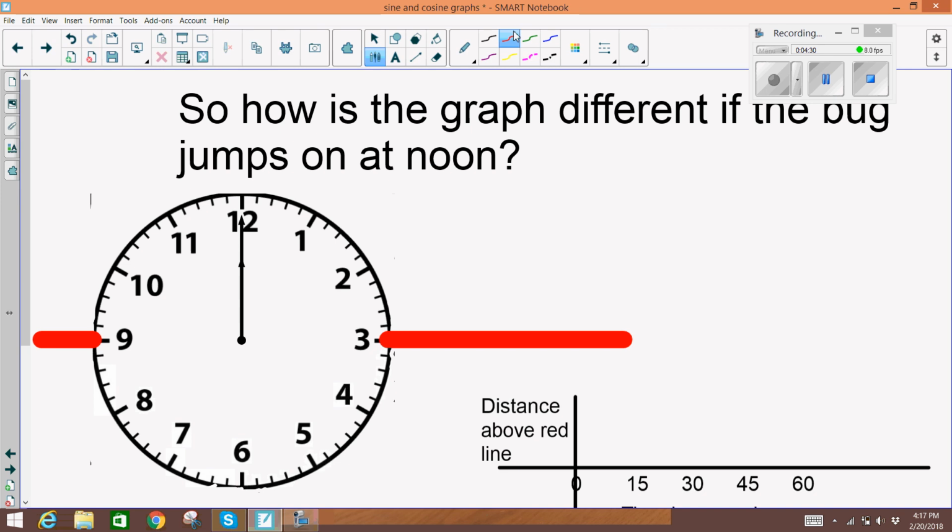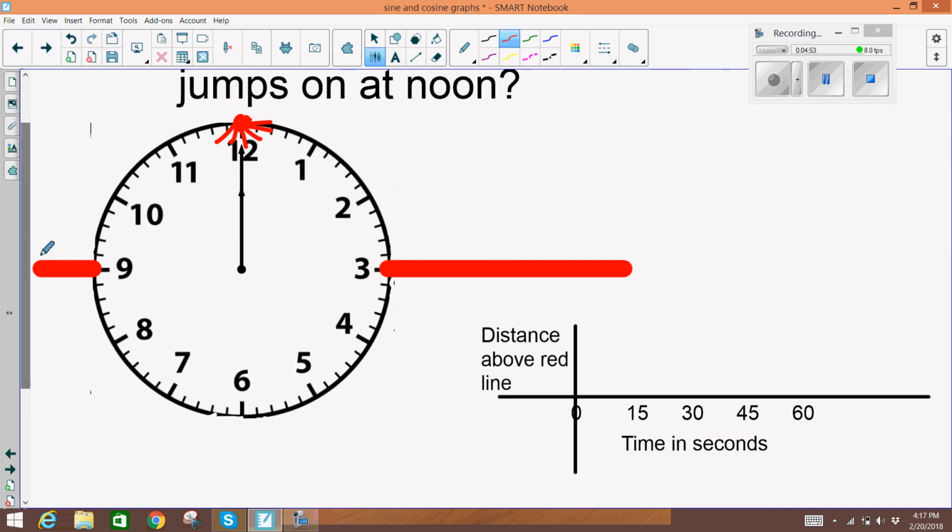Well, here is the bug, and we'll make legs. Since it's a bug, we're going to call it an insect here. It's got 6 legs. It is not a spider. So there's the bug, and the bug is going to go clockwise. In this case, the bug begins at the farthest distance above the red line.